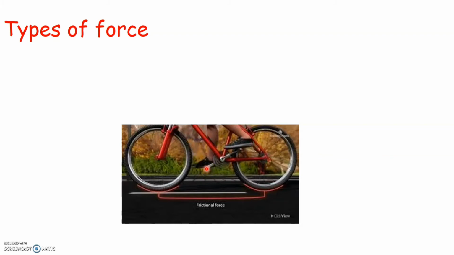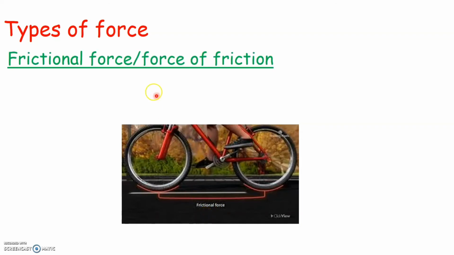This is because there is a force which acts between the tire of your bicycle and the road. So there is a force which acts between the tires of your bicycle and the road on which you are riding the bicycle. This force is known as the frictional force, otherwise known as force of friction.